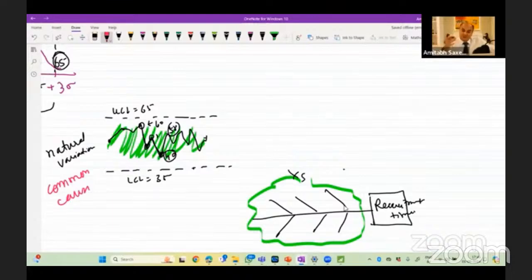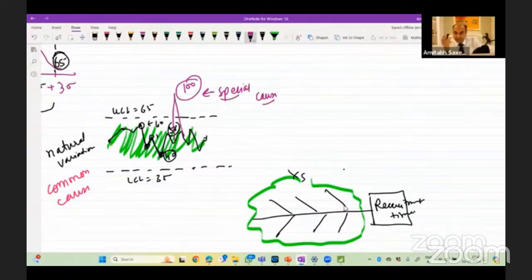Now, when should you worry? Let me tell you that. If suddenly one recruitment took 100 days, then you should take action. This is known as special cause variation. It tells you that some issue is there, and it is not usually happening.